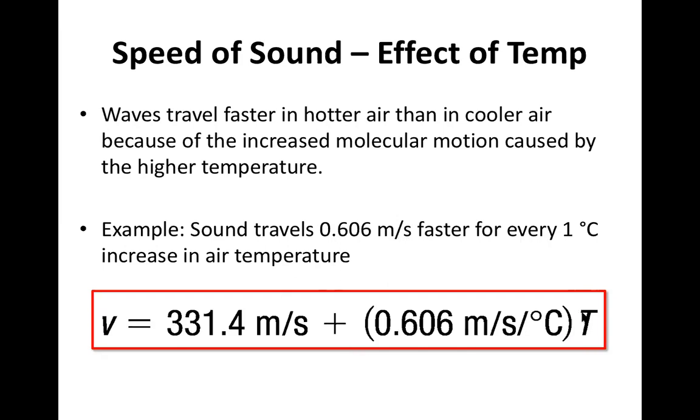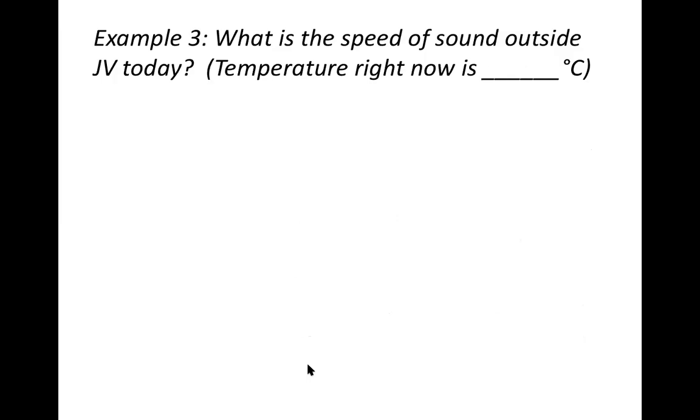So if the temperature was 0 degrees, then this whole term would cancel out, and we get 331.4 meters per second for the speed of sound in air. That means if you shout out on a cold 0 degree day, in 1 second, your voice will travel 331.4 meters.